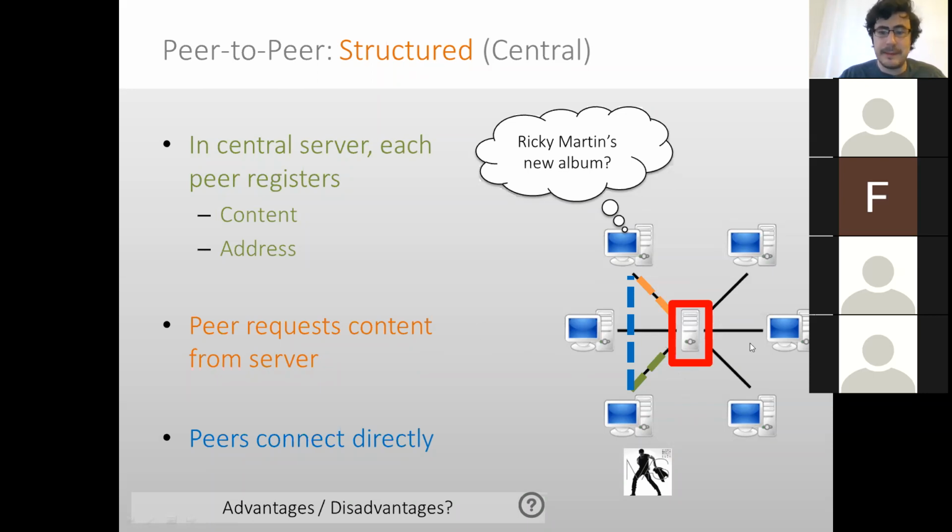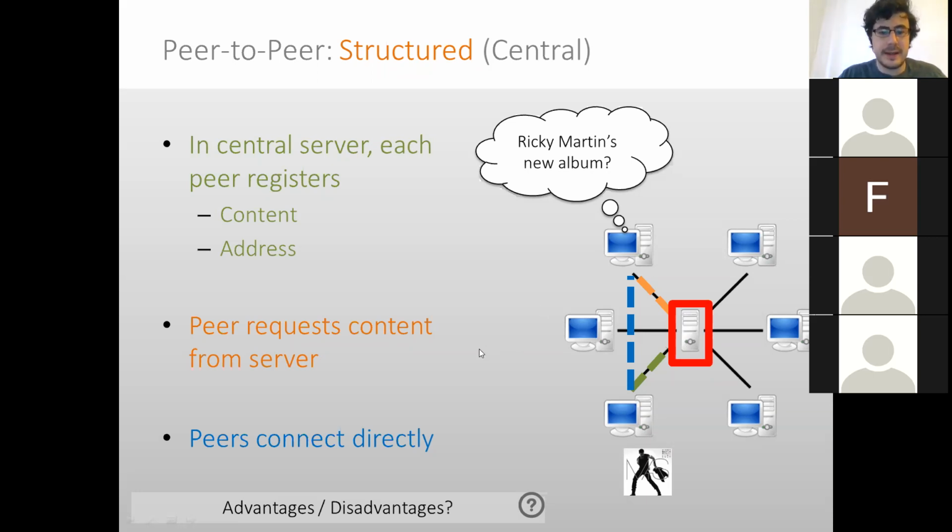Privacy as well, yeah. Essentially the central server now knows which peers have which content, which is a major, let's say, social issue. Another kind of social and technical issue is that we have what's called a central point of failure. This is true of any client-server type structure, right?